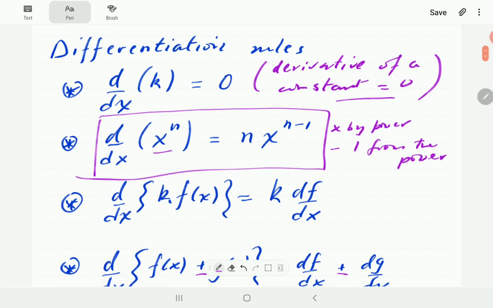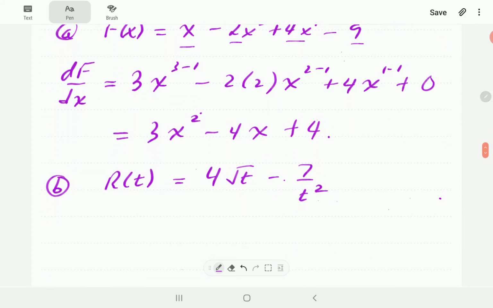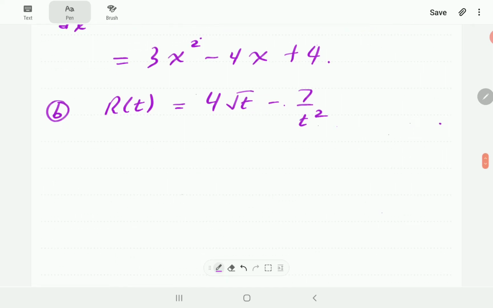Notice that x here is a power in the numerator. That's the same as x to the power n divided by 1. So here we need to rewrite this. This, for instance, is a power in the denominator, so we need to bring it up to the numerator. This one is a radical. We need to write it as a power.